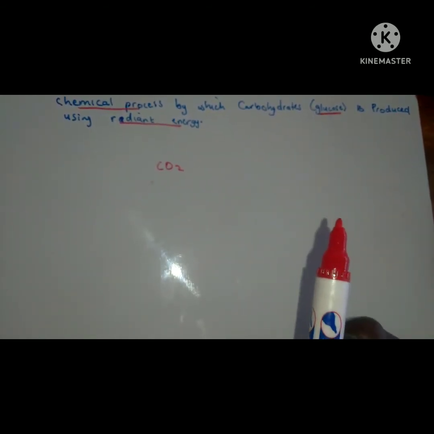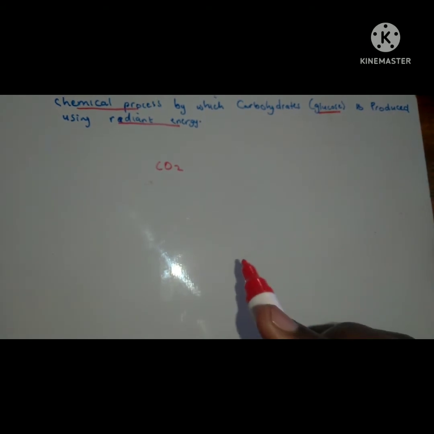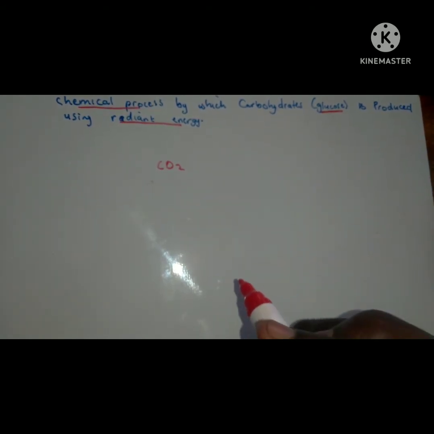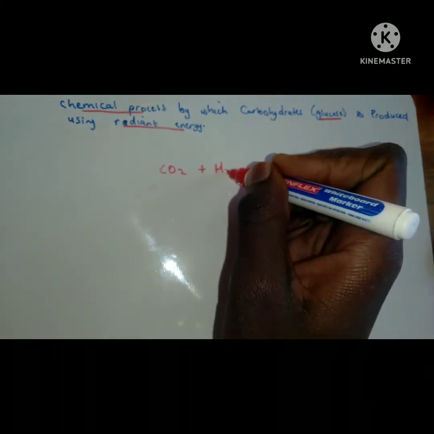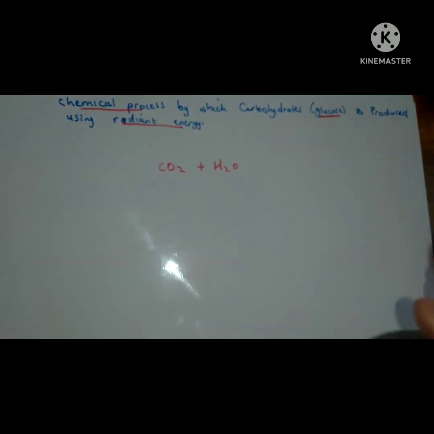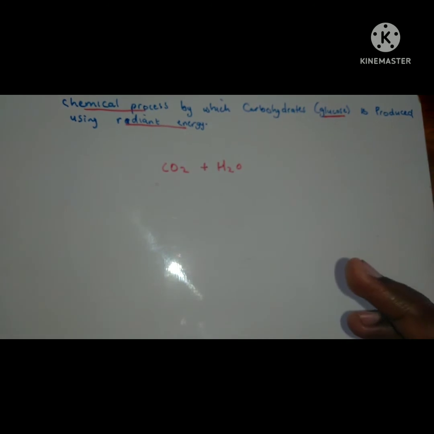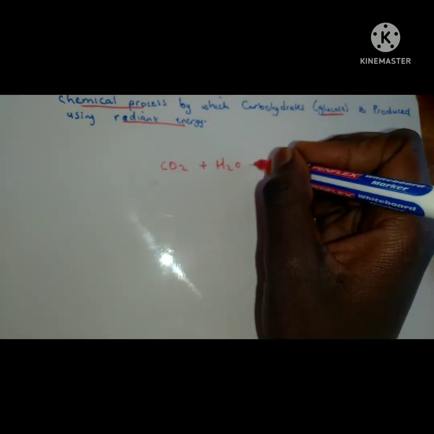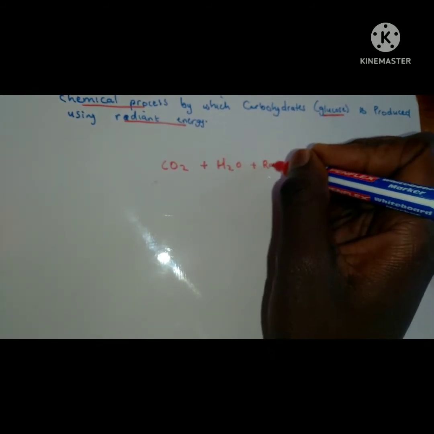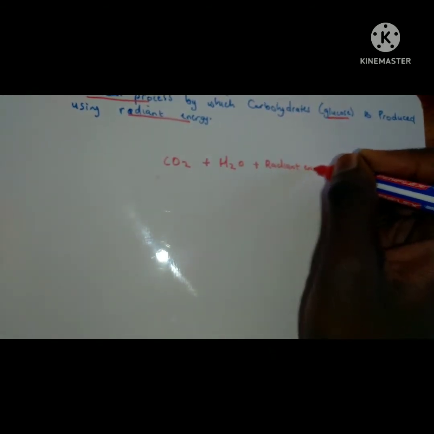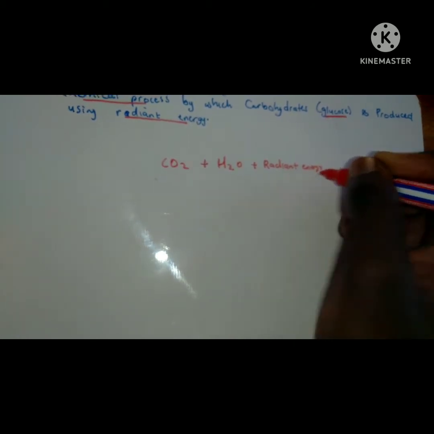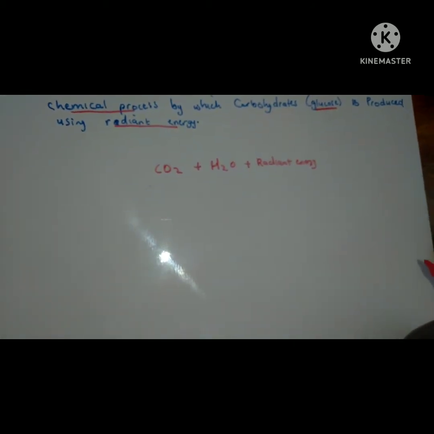So you need carbon dioxide plus water, which is chemically written as hydrogen oxide, but I'll write a word equation afterwards, plus radiant energy. Radiant energy is not represented by any chemical symbol because it is not a chemical.